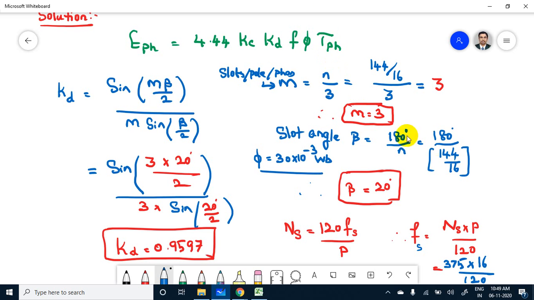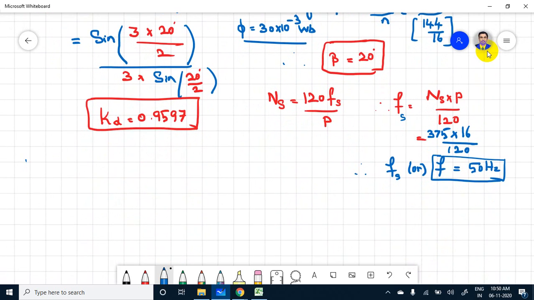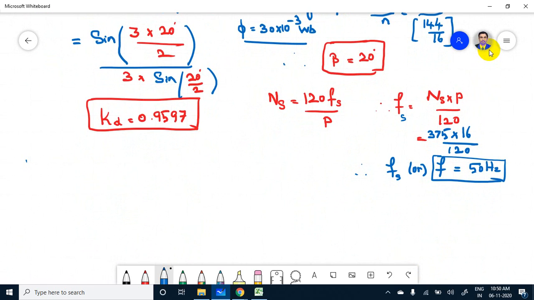Now T phase, we don't know the T phase. How to calculate T phase? T phase is equal to Z phase by 2. Z phase will be the number of total conductors. So what is the formula for Z phase?